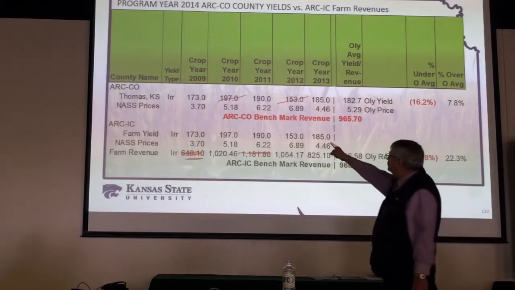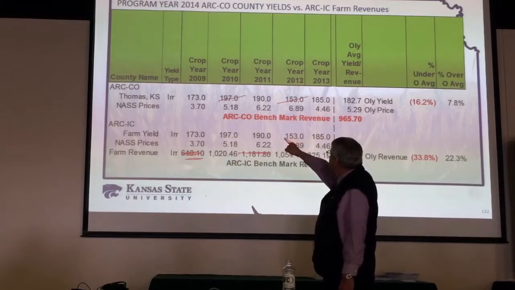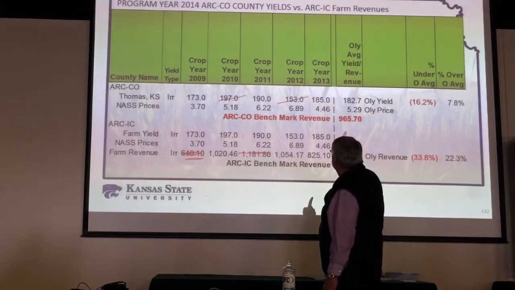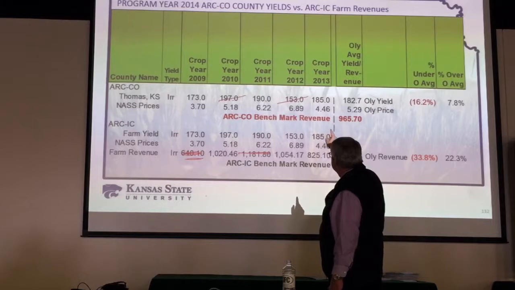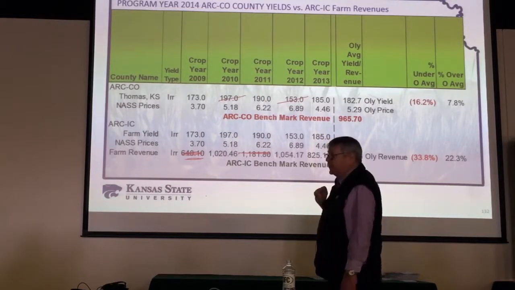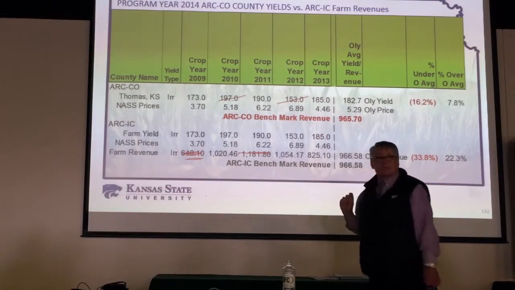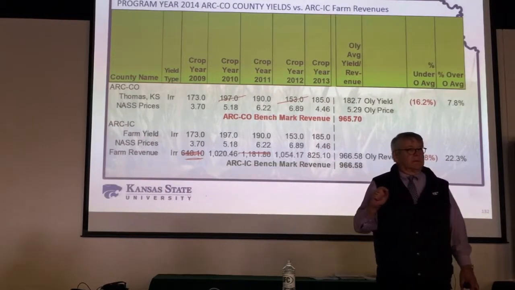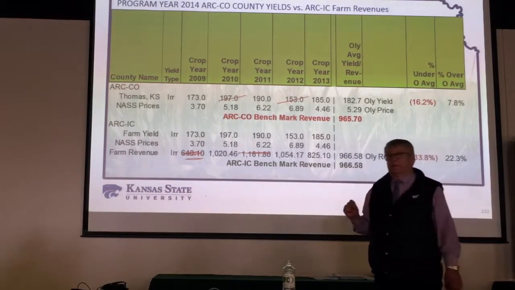Where over here, you're going to lose the 173, the 197 will still be in there, and we're going to need a yield above 153, and that 153 is in your data set until the last year of the farm bill. That low yield is in your data set until the last year of the farm bill.